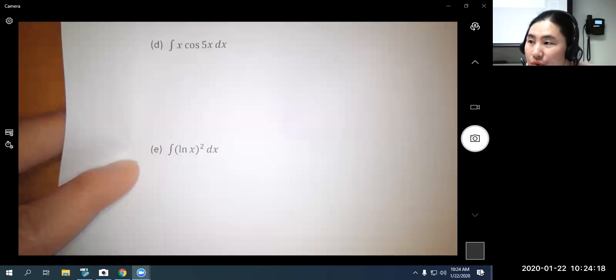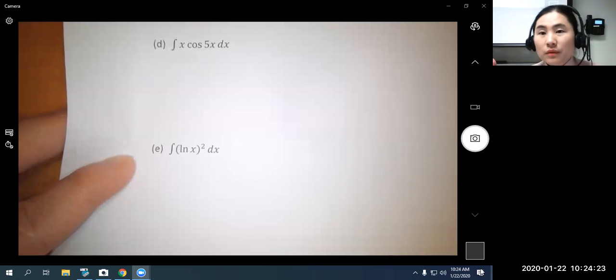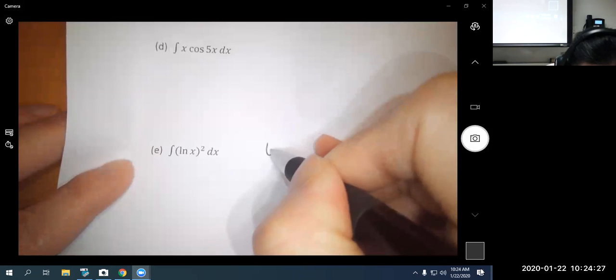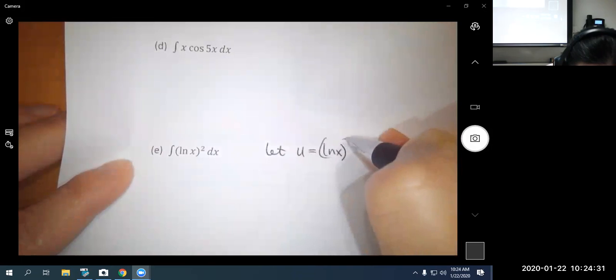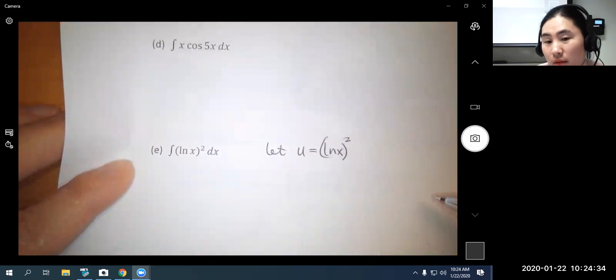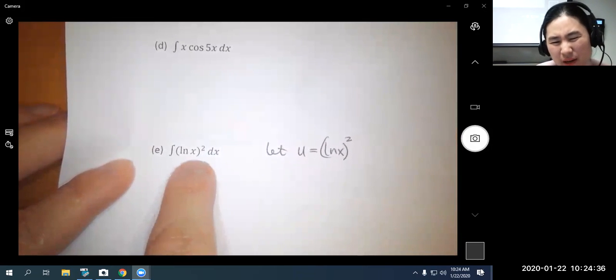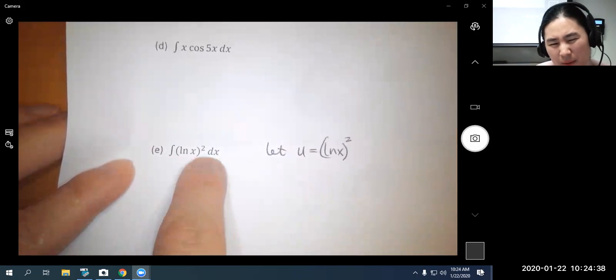How can we let our u equals? Just ln x squared, right? No choice. Let u equals ln x squared. You may ask, this is ln x squared, so we can consider this ln x times ln x.